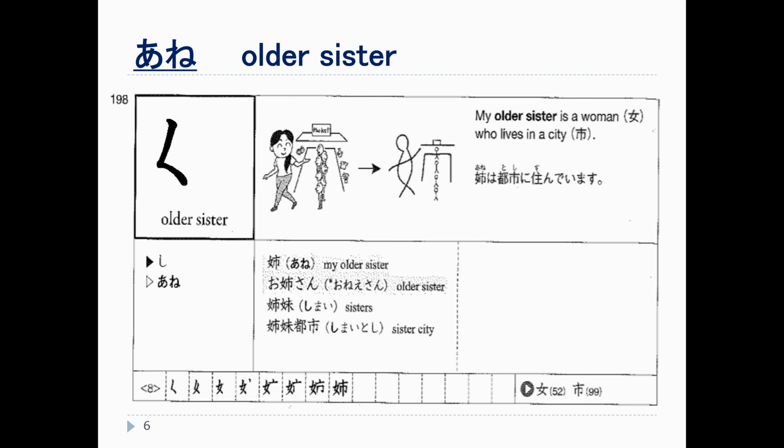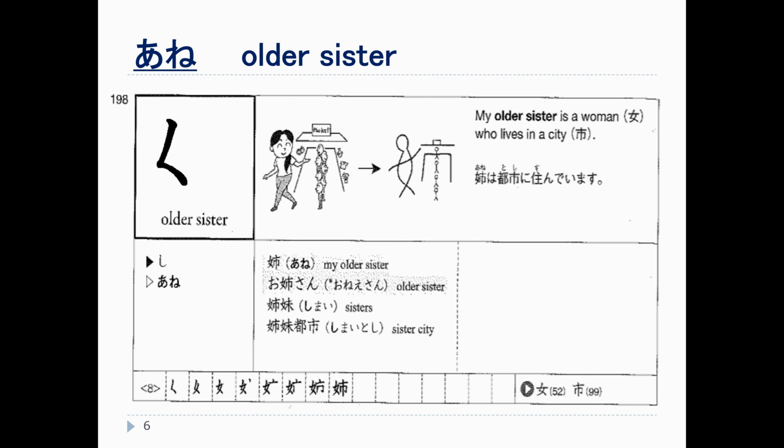So we start 1, 2, 3, and then 1, 2, 3, 4, hook, 5. Once again, 1, 2, 3, 4, 5, 6, 7, hook, 8.